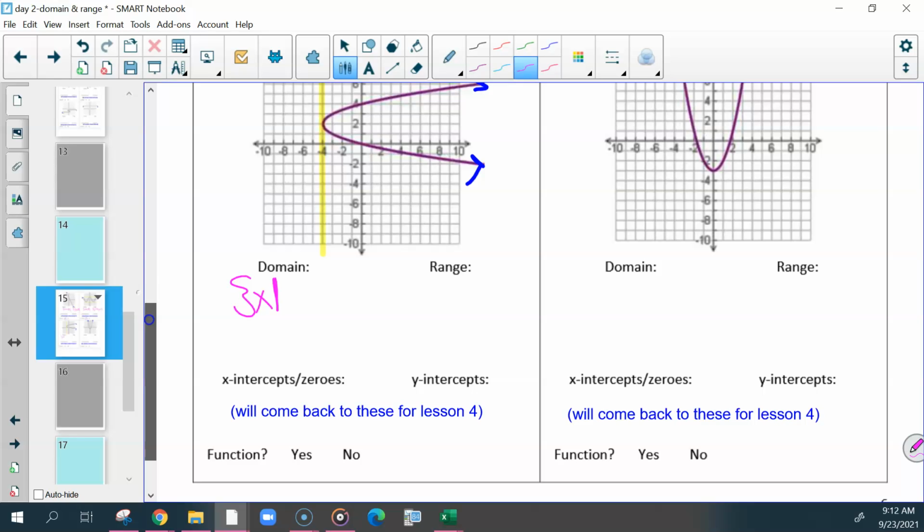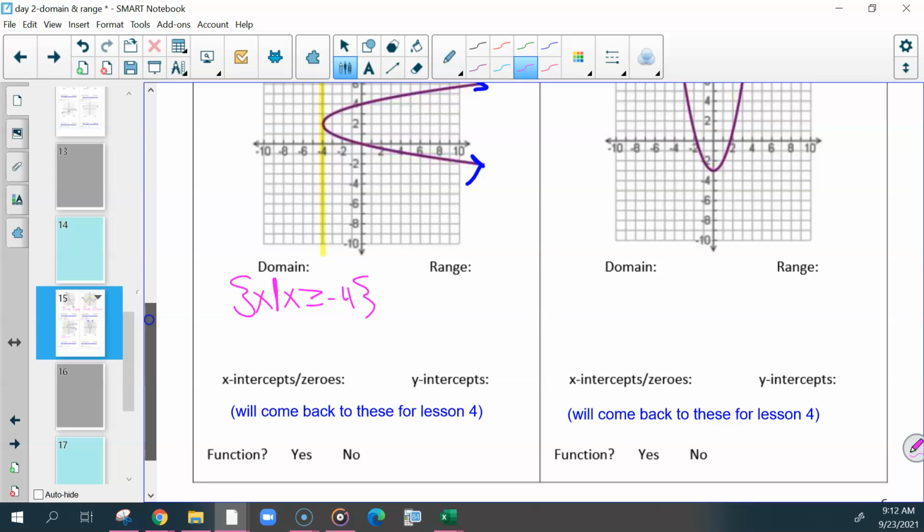So because it has that starting point and then it keeps going to the right, it's going to be everything greater than or equal to that point. Which is -4. So x is greater than or equal to -4. If it were going the other way, to the left, it would be less than or equal to -4.